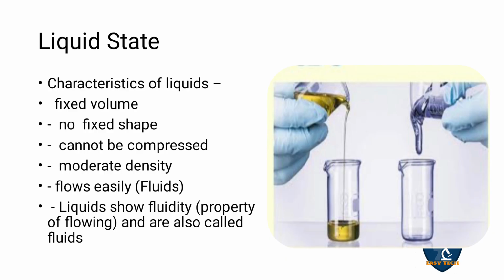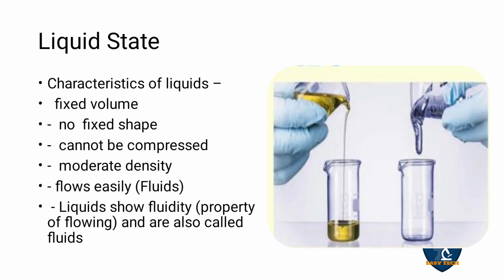And it has moderate density. It is not high density like a solid. So a solid has a high density, but in liquid there is also density, but it is moderate, not as high as a solid. Liquid shows the fluidity property, so it can easily flow. As I said, the rivers and the streams are flowing because it is easily flowable.